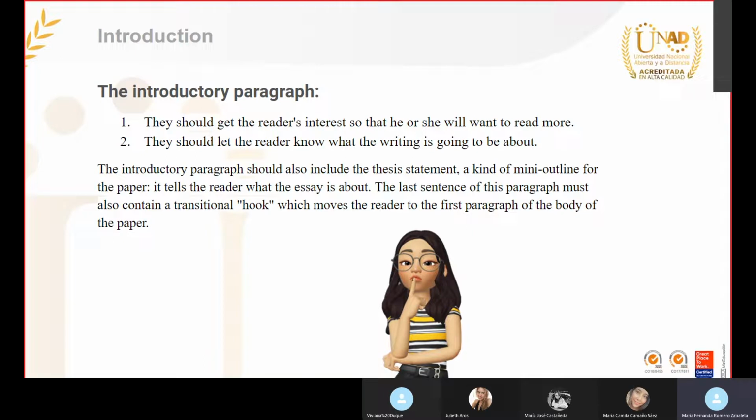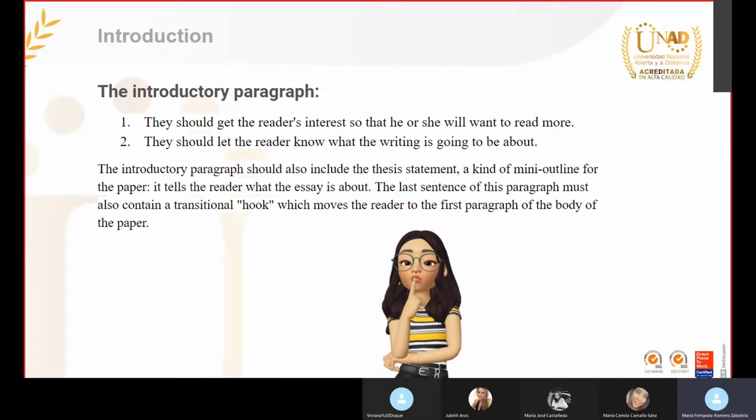So the second thing is that it should include, and this is the most important part of the introduction, a clear explanation of what the writing is going to be about. And this explanation doesn't have to be so long, okay? It has to be a mini outline. And that is what we call the thesis statement. The thesis statement is just a sentence that tells the reader what the essay is about.